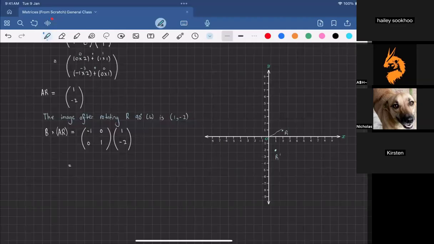Does it look like you rotated 90 degrees clockwise? Yeah. And after that, what do you end up with as your final image? -1, -2. And does that represent a reflection about the y-axis? Yeah, you can see it. Seeing is believing.